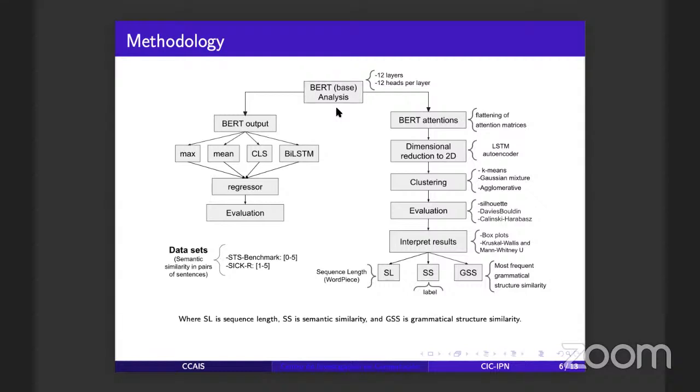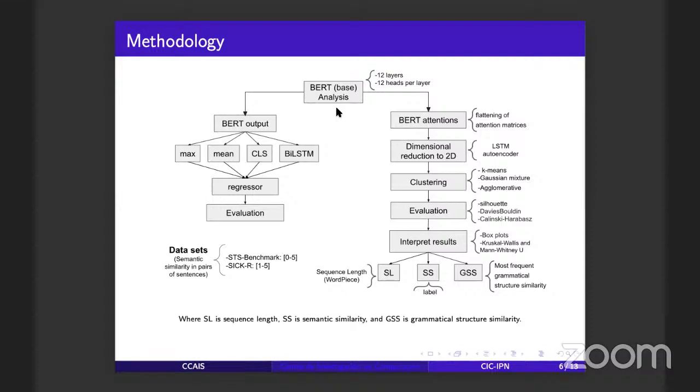So the abstractions of these methods are the input in my regressor, and then I evaluate the semantic similarity. On the right, you can see the attention analysis.